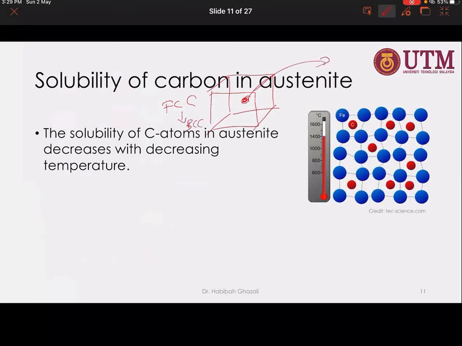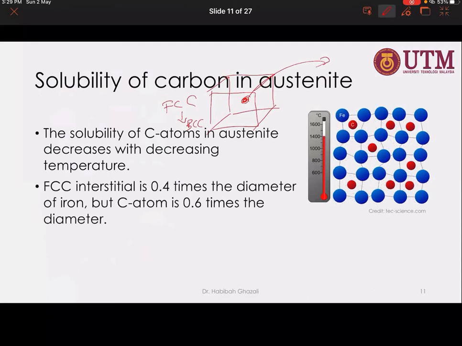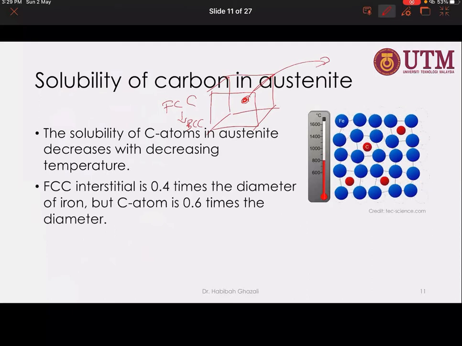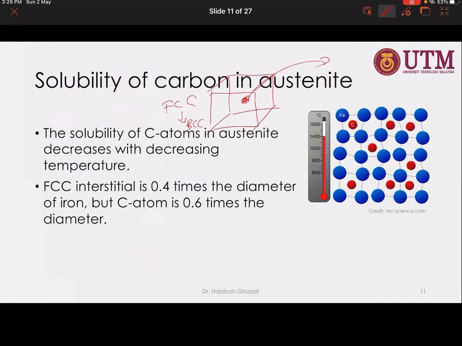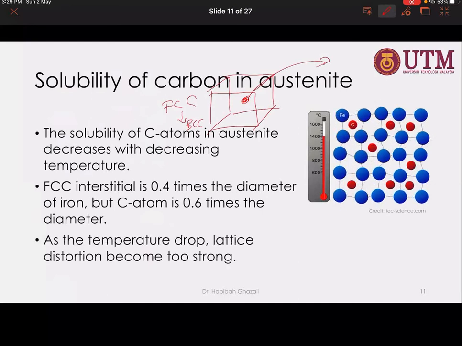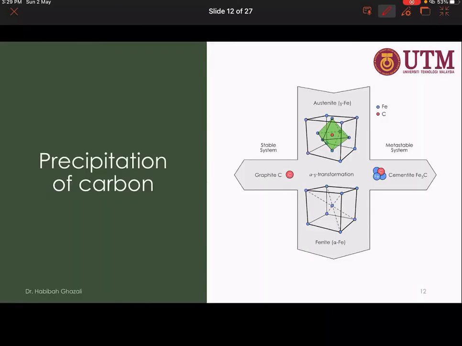The FCC interstitial is 0.4 times the diameter of iron, but carbon's diameter is 0.6 times. So as the temperature drops, the lattice distortion becomes too strong, and that causes carbon atoms to be pressed out of austenite.